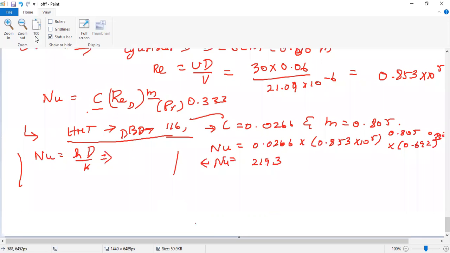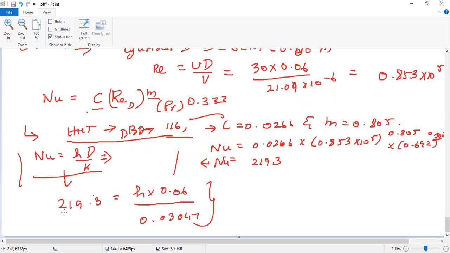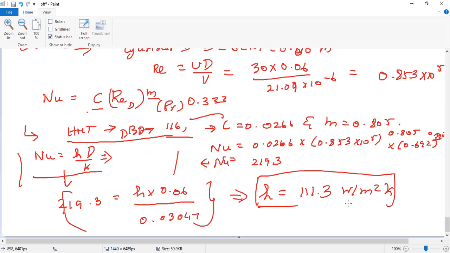Substituting, the Nusselt number 219.3 is equal to h times the diameter 0.06 divided by the thermal conductivity, 0.03047. From this we get the heat transfer coefficient h equal to 111.3 watt per meter square Kelvin. This is the result for case two.